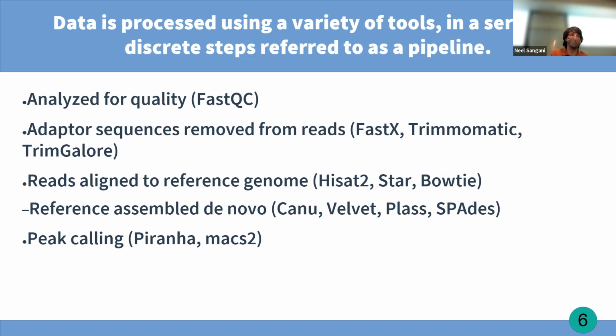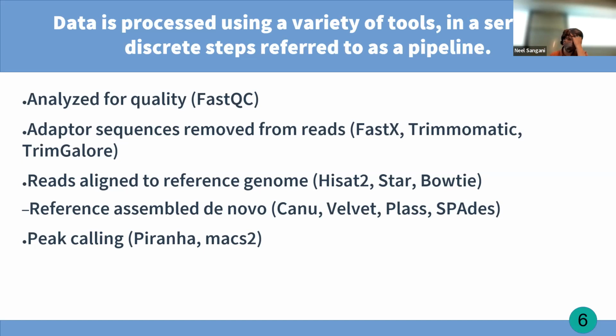You can do a quick e-search of any of these words or tools, and it'll come up with a list of other tools. Typically, once you've gotten your read data, the first thing you want to do is analyze it for quality.